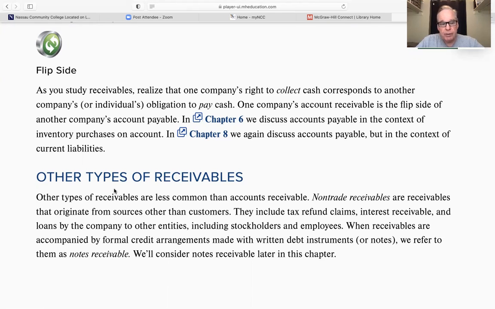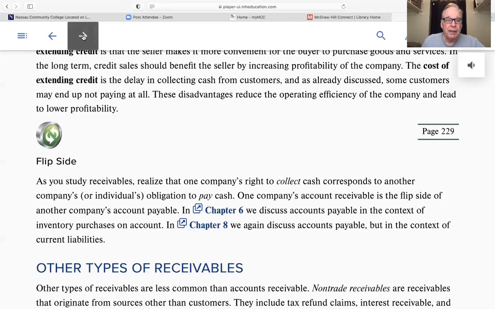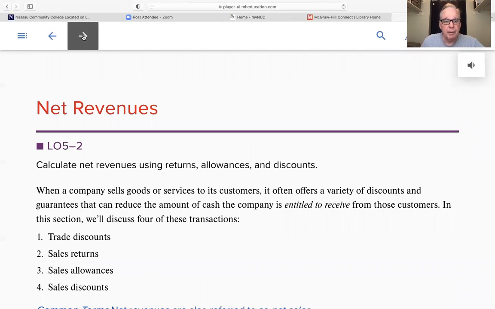Any other type of receivable you have is called a non-trade receivable. For example, a tax refund. That's a non-trade receivable. Loans, if the company loaned money to a stockholder or an employee, right, the interest on that loan would be receivable. But don't worry about that because we're not going to really see that.